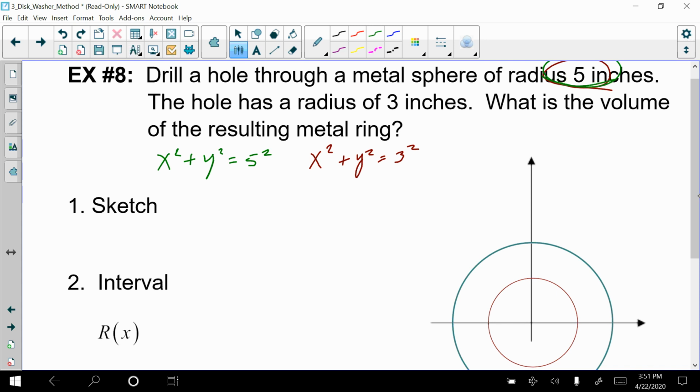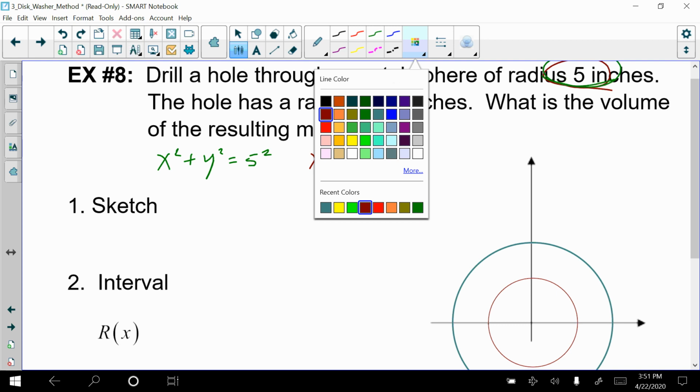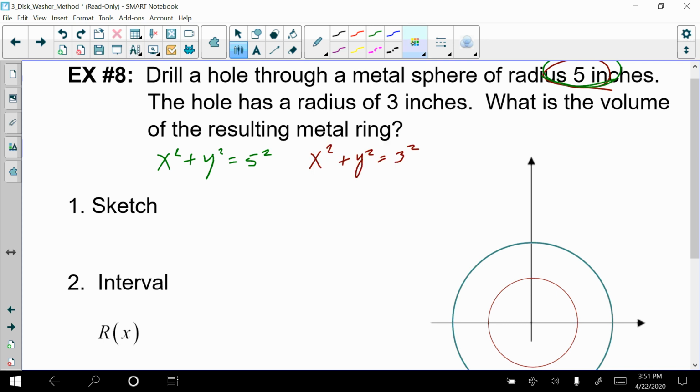So let's revolve it around the x-axis. This bit right here is going to be your interior radius, and this bit right here is going to be your exterior radius. So r and little r here.